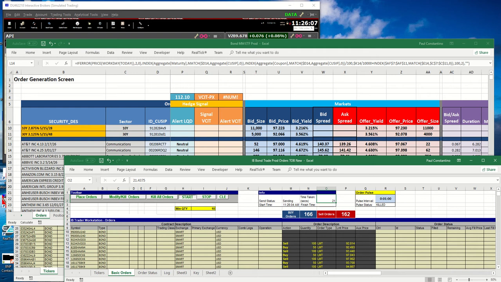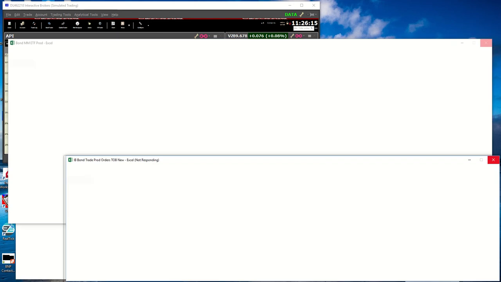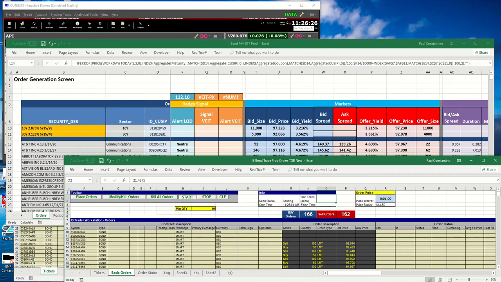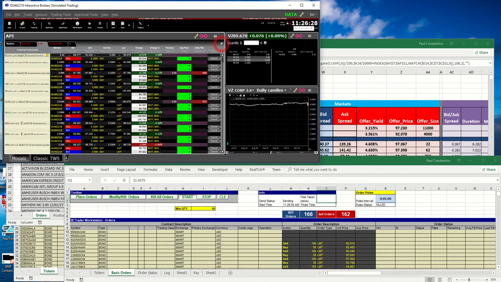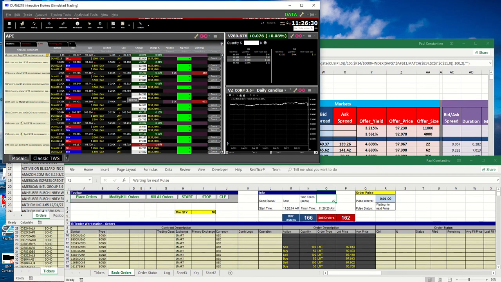The process will run, and I'm sending in 327 or 328 orders that I know are priced right in the marketplace because the system prices these on an automated basis. You'll see these orders go into the system, and you'll see these orders then appear on the screen here on the Interactive Brokers screen.